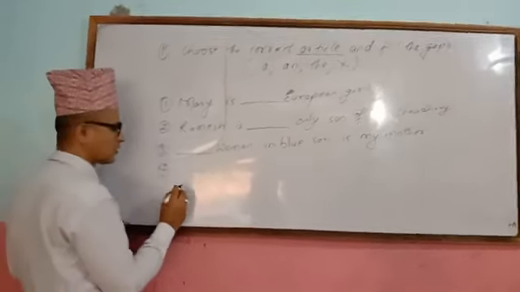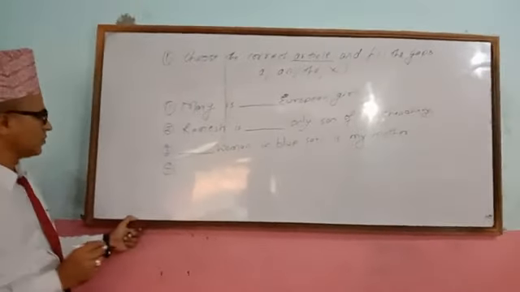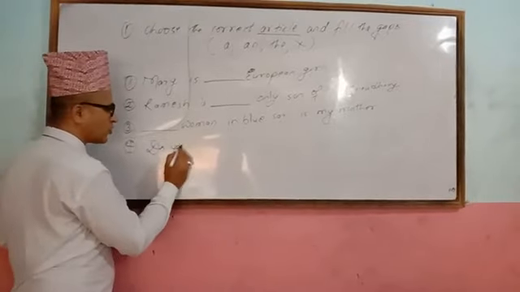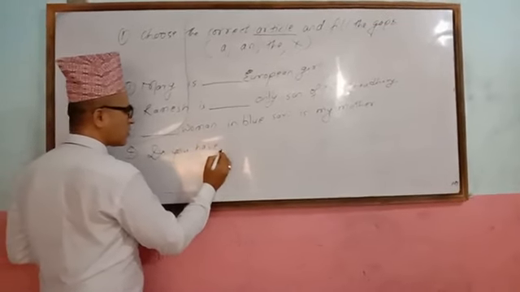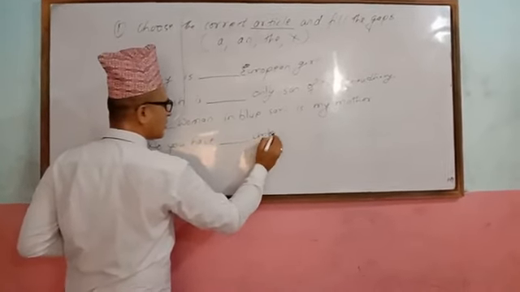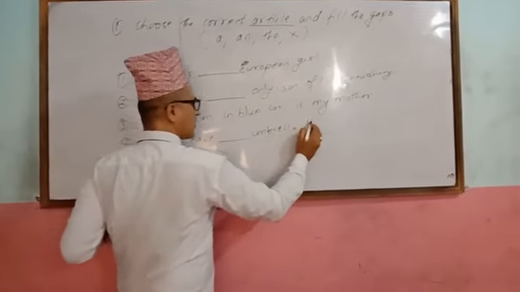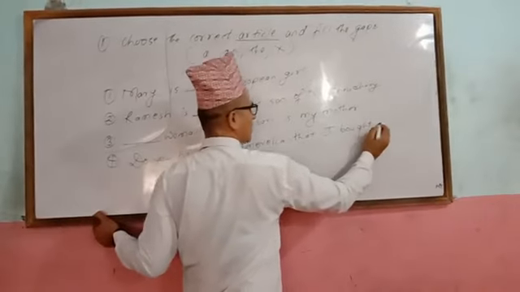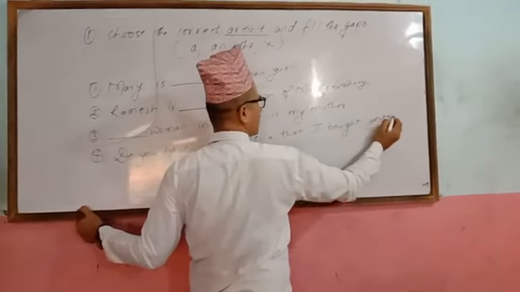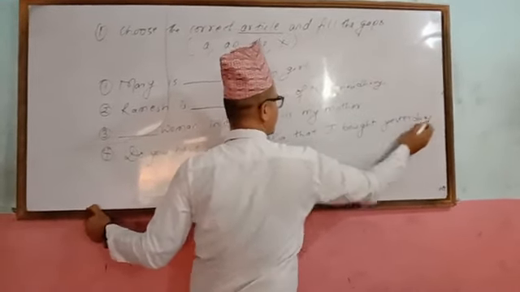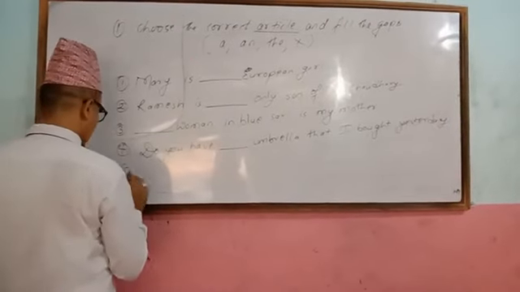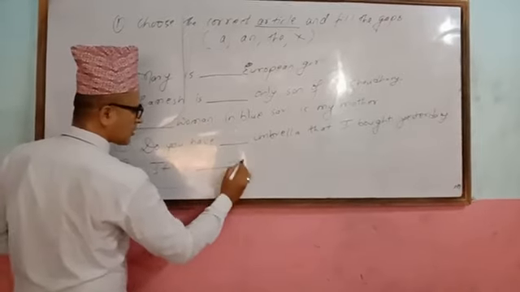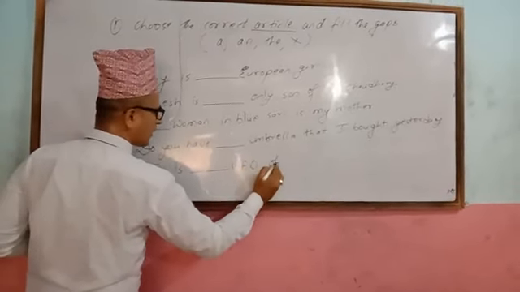Four: Do you have the umbrella that I was carrying yesterday? Five: It is a UFO object.